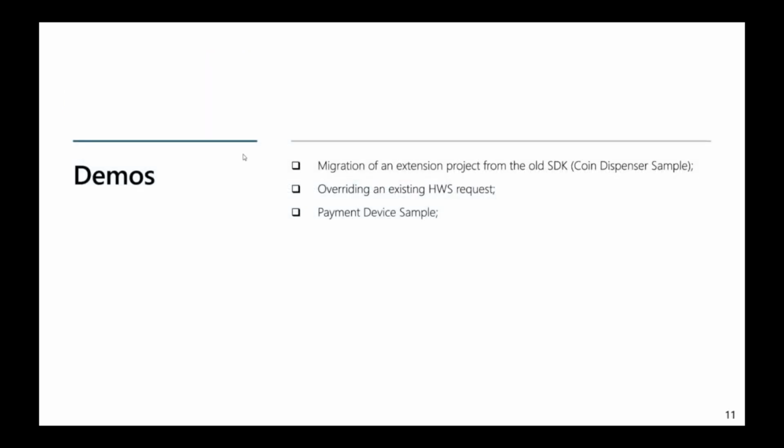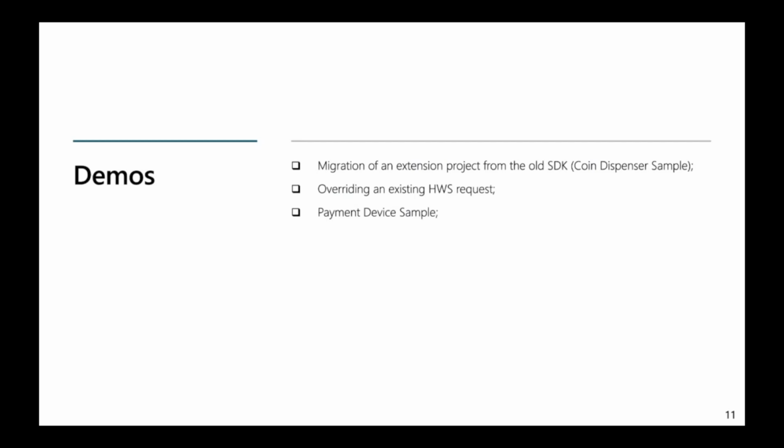And now talking about our demos, we have 3 demos, as Mugunthan said. The first one will be a lengthy one, and it will give you an idea of what a migration from the old SDK to the new SDK looks like. In order to do that, we are going to use one sample that already existed in the old SDK, both as a deprecated format and as an up-to-date format.